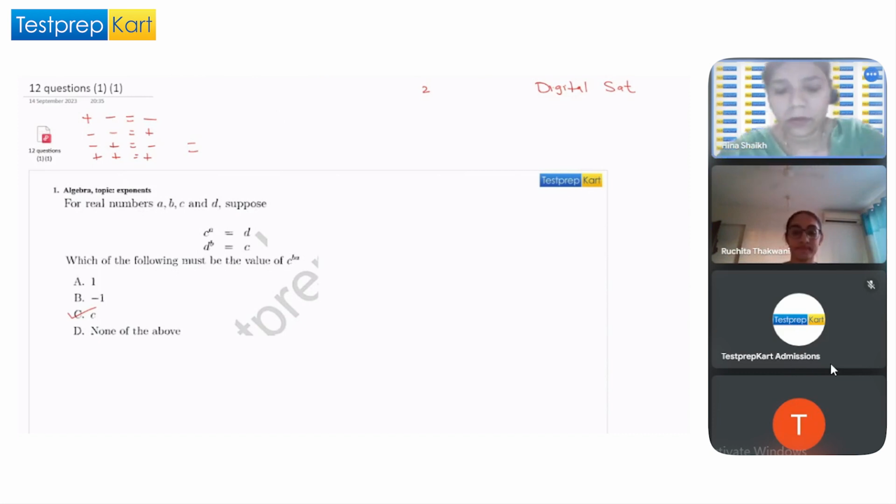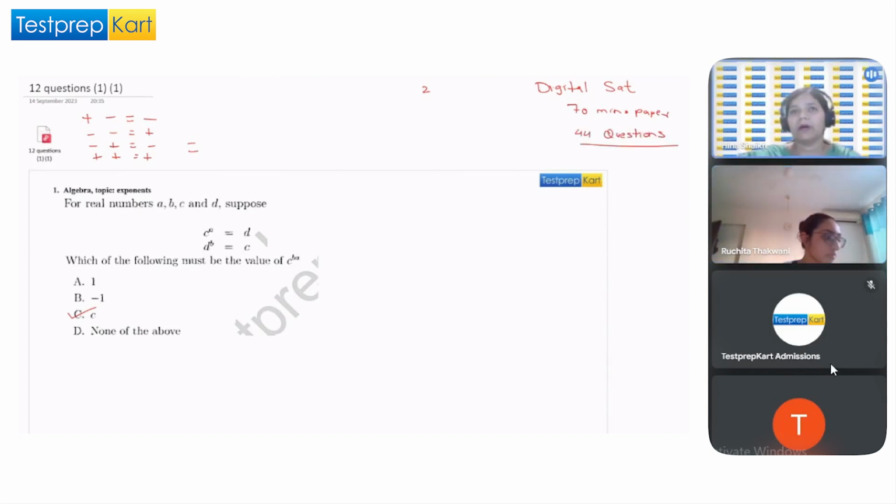Now, the digital SAT will be a 70-minute paper where you have to solve 44 questions. Total 6 questions will not have options, which means you have to type the answer using a digital keyboard.